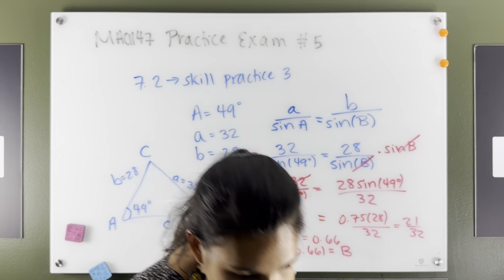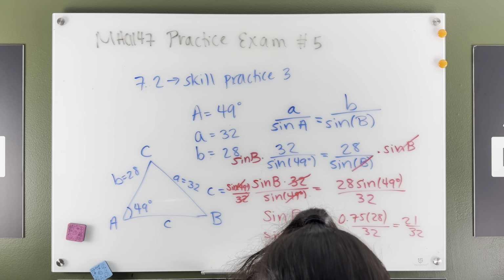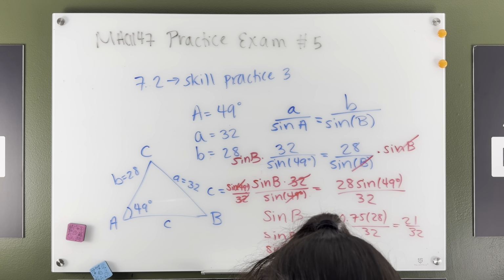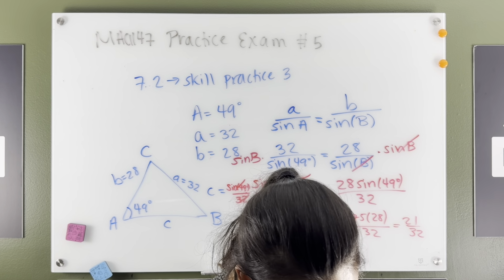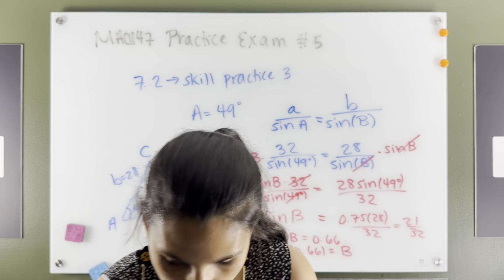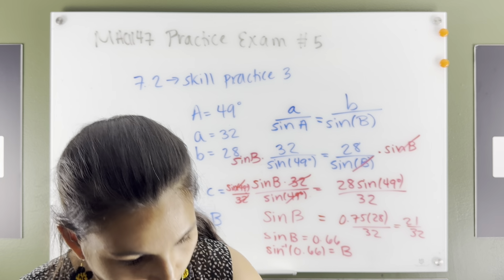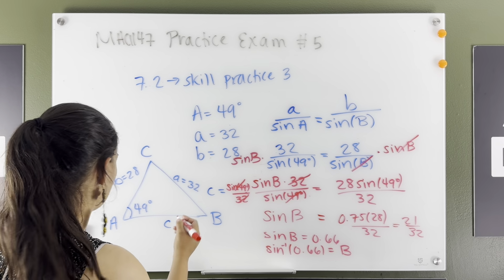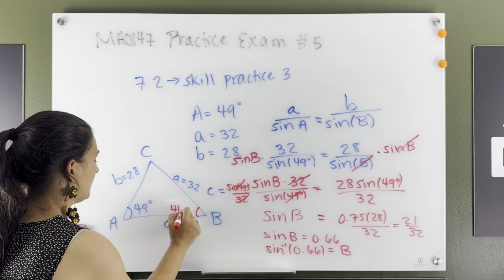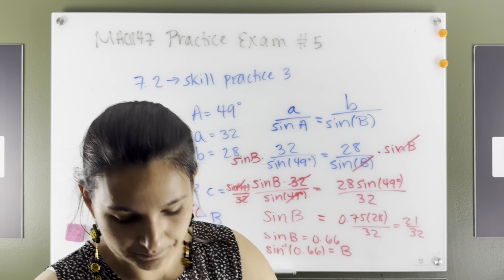It's in radians, so let me put it in degrees. Alright, so I'm getting 41.30 when you round. So angle B is 41.30 degrees. Beautiful.